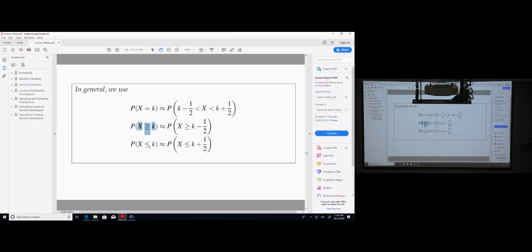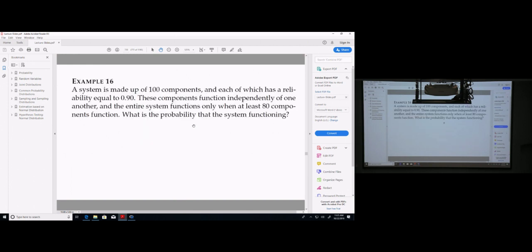And less than or equal to k, then you need to go beyond the k, so you need 0.5 on the right-hand side of k. So if you really draw a rough diagram, like the one that I show you, you don't quite need to remember this. You guys probably have very good memory, but you might get confused if you just try to remember it.